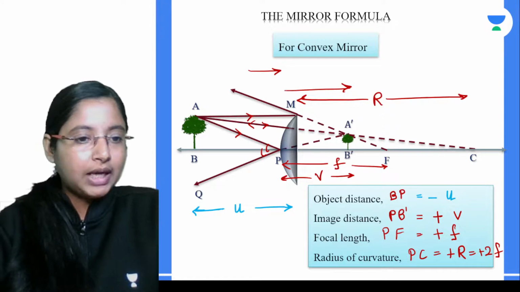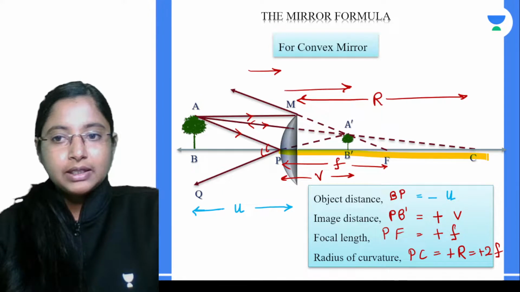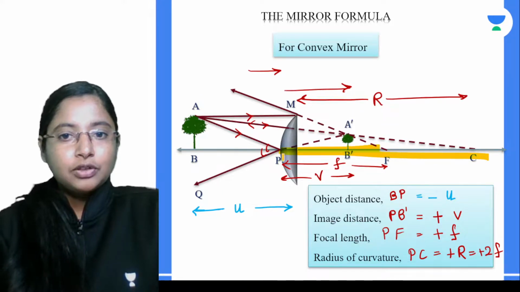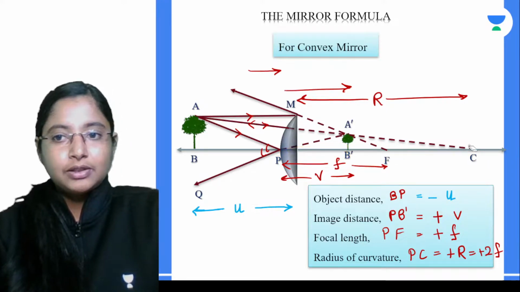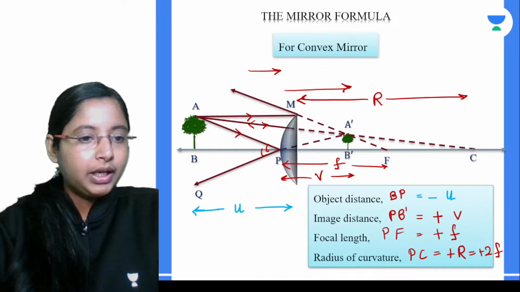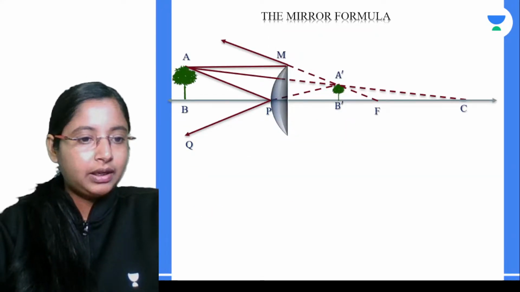So if we subtract this distance from this distance, we will end up getting this distance over here, B dash C.